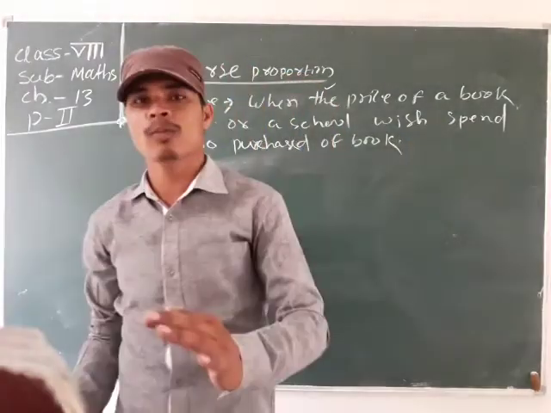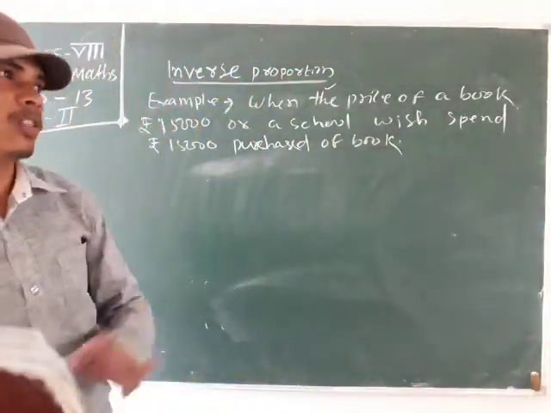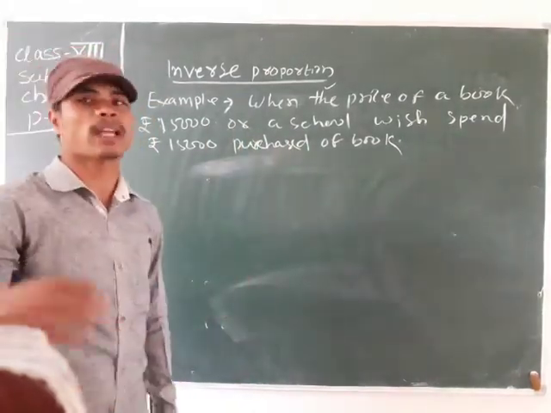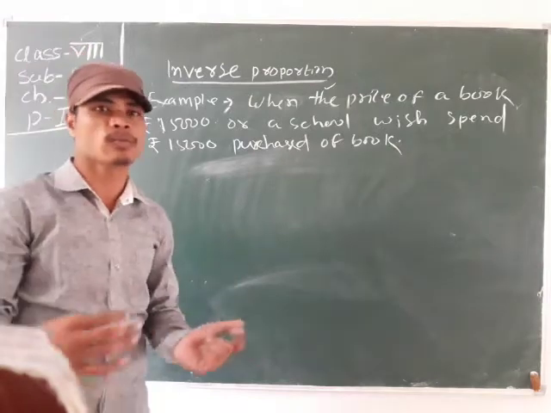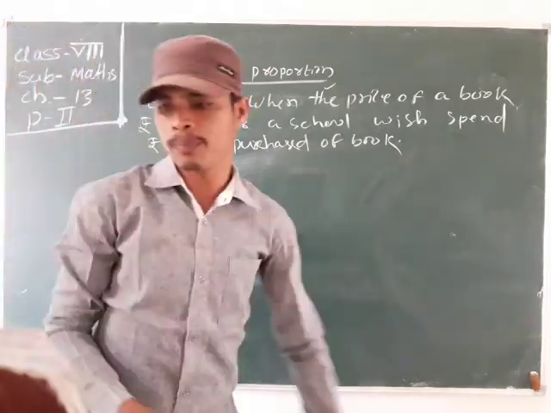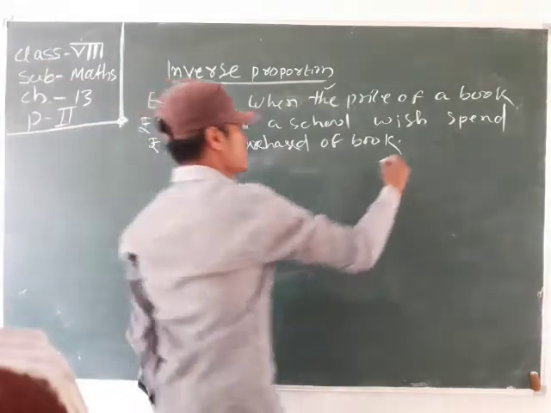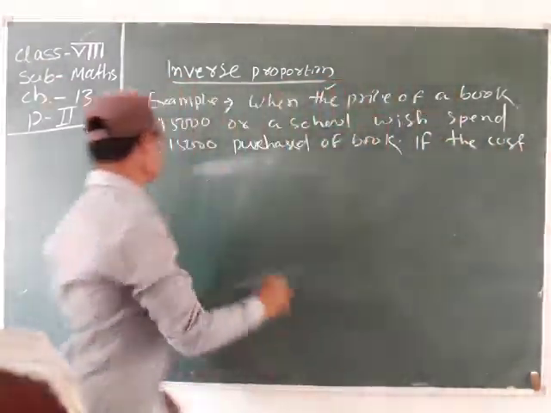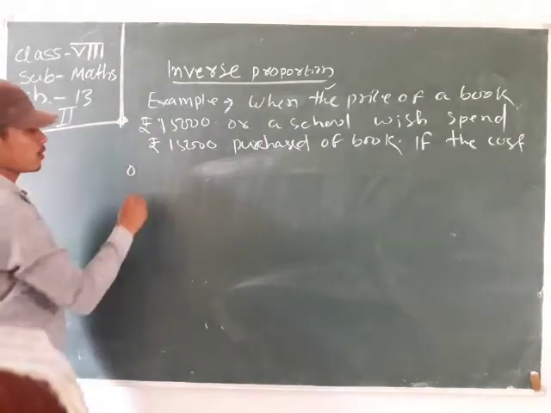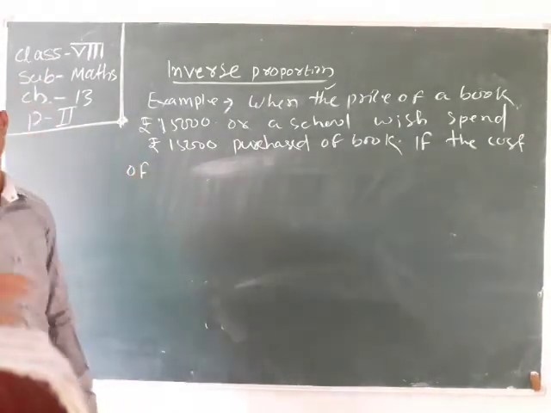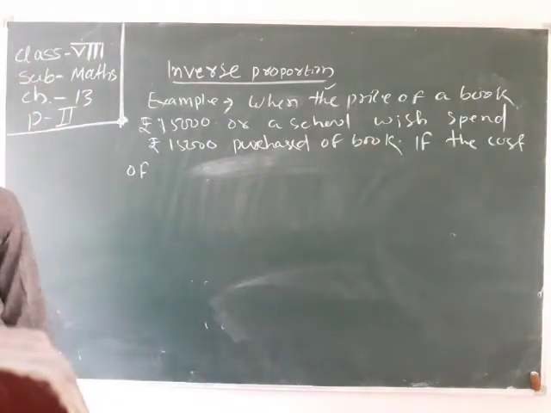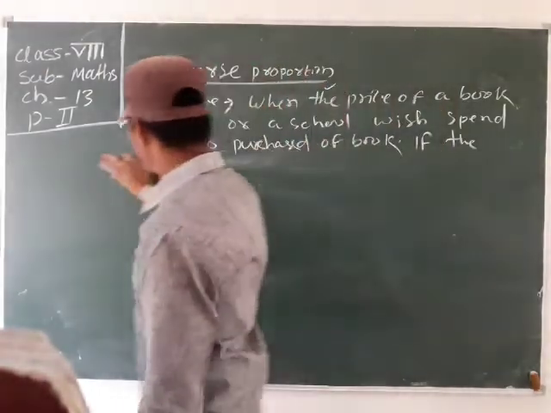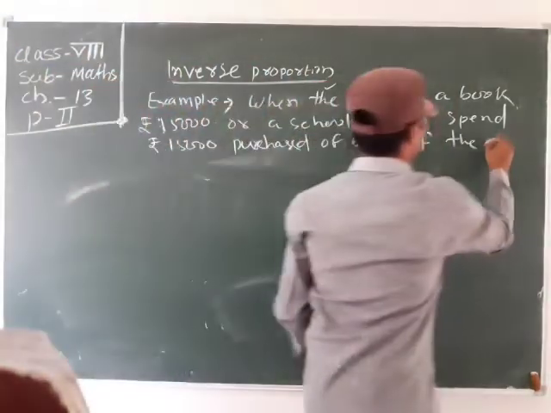If the school wants to purchase books worth 15,000 rupees, we take the price of a book as the average cost of one book. Here we take the average cost.